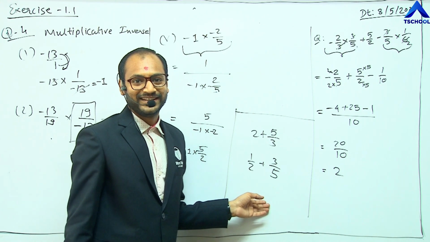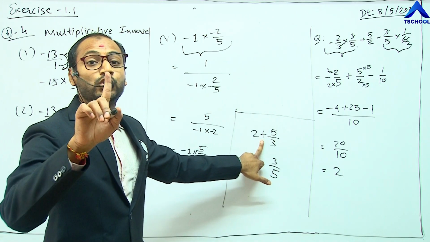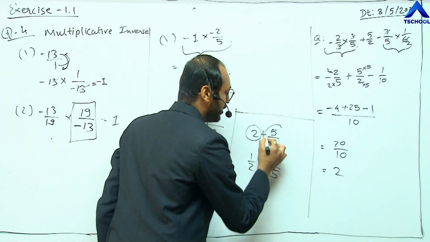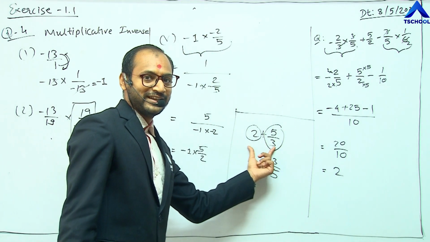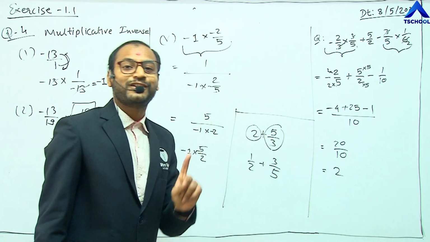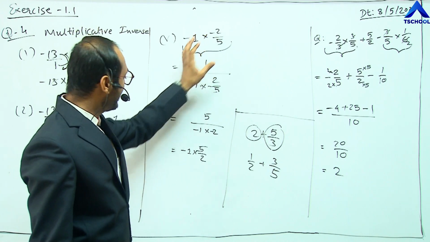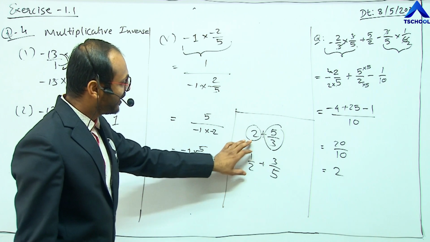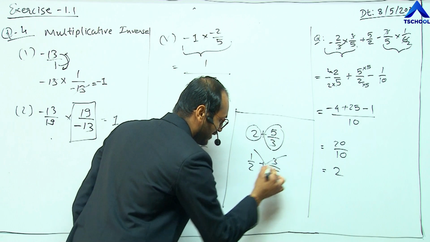No. Because here is the addition sign. So here there are two terms. Term number 1 is separate and term number 2 is also separate. So we should do the inversion of the whole expression. Here there is only one term, so we can invert the individual one. But here we cannot do it this way. So this multiplicative inverse is wrong.